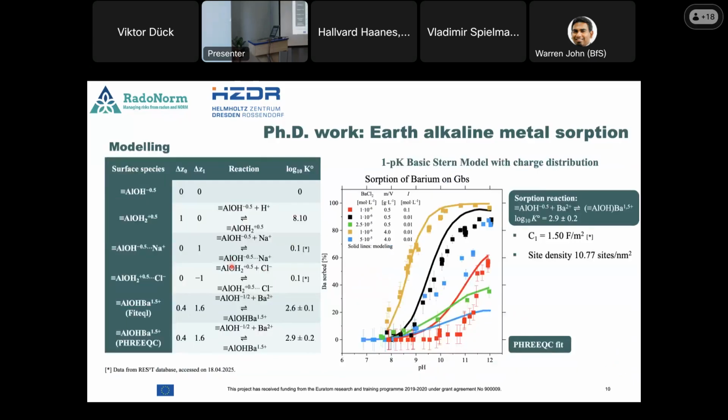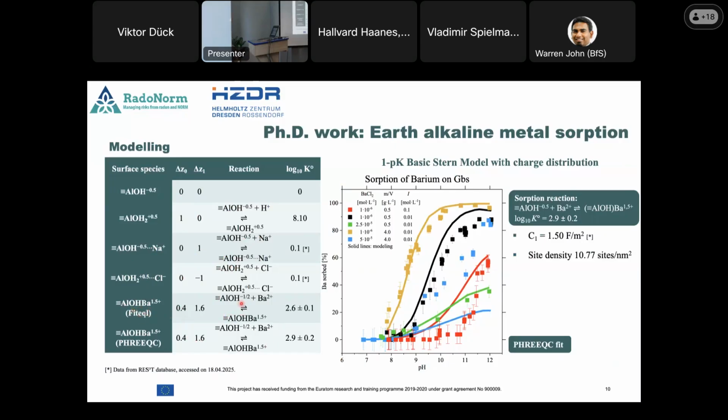Here we have the modeling. So all the data we got, all the information we got, we tried to bring into a model. And the first rows here are about surface properties, but what I want to bring your attention to are the last two rows here.